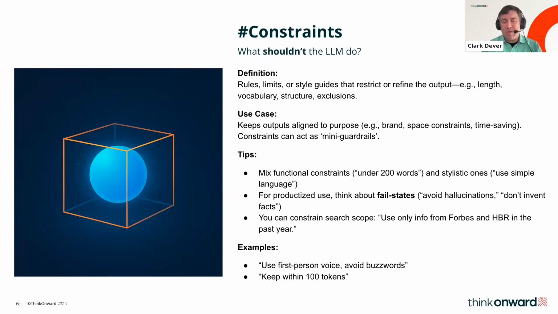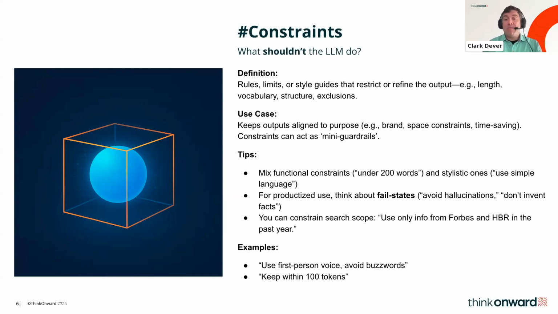So the constraints portion of your prompt is really where you tell it maybe the style and structure, set some limits. I want it to be 400 words. Prompts think in tokens, but you can use words and they'll proxy pretty well. Also providing guardrails around keeping the output useful.